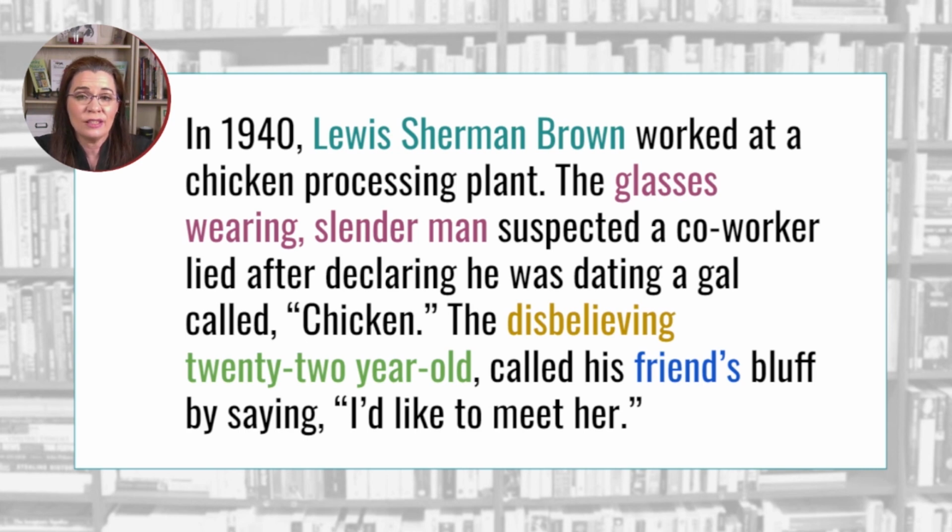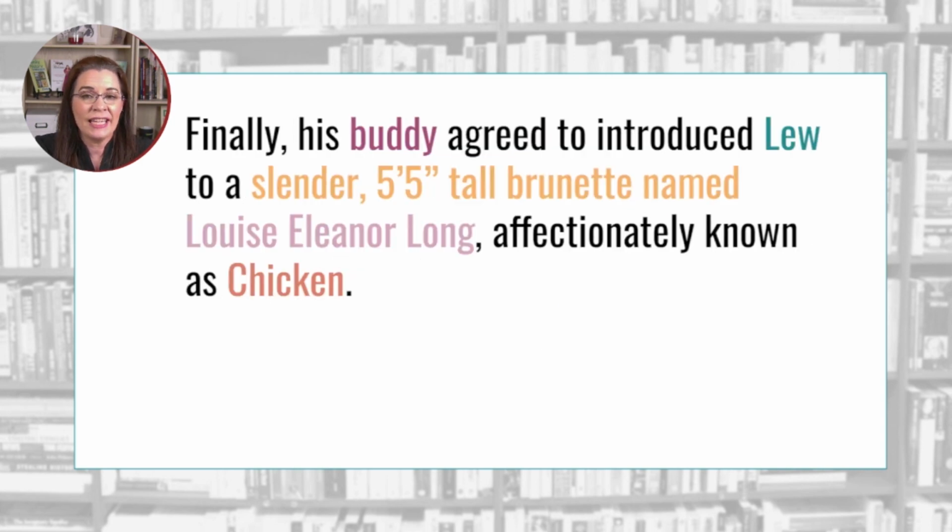The glasses-wearing slender man, that's appearance, suspected a coworker lied after declaring he was dating a gal called Chicken. The disbelieving, that's personality, 22-year-old, that's age, called his friends, that's a relationship, for the coworker. Finally, his buddy, which is another relationship name, agreed to introduce Lewis.